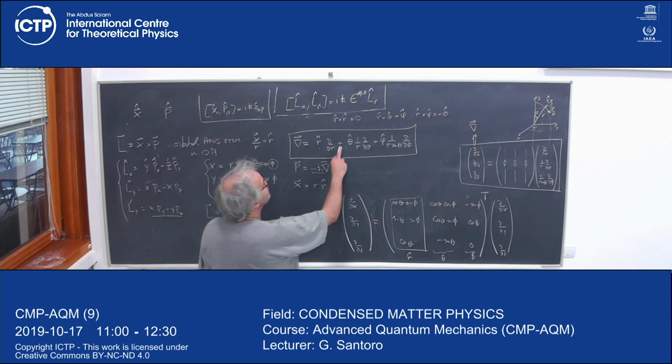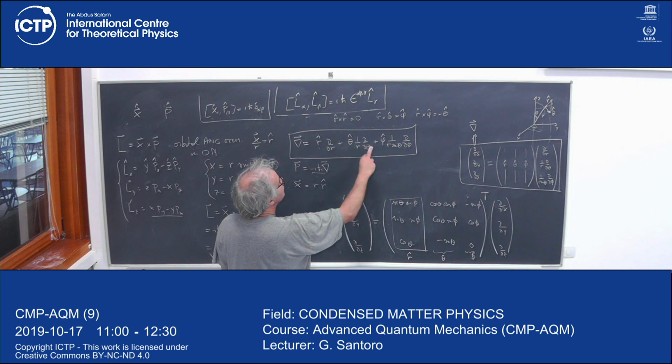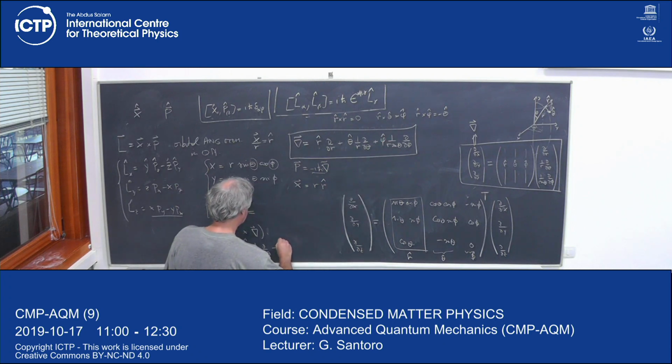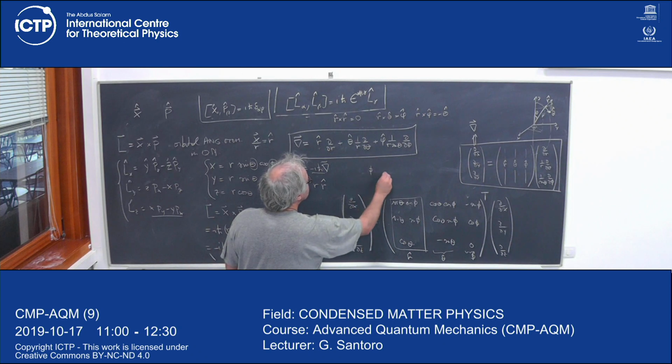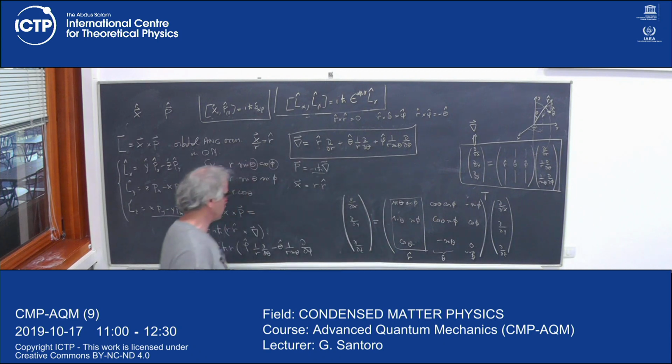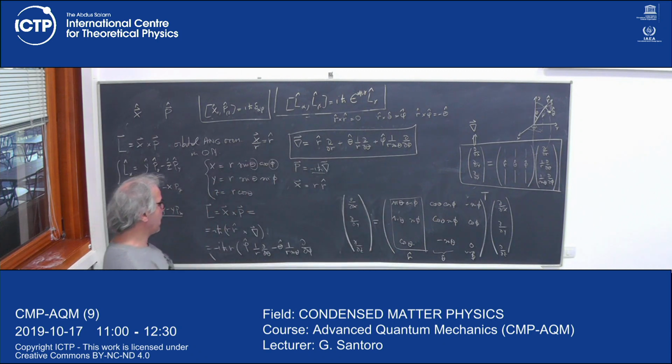And the next one is R dot vector phi, which is minus theta. And then I have 1 over R sine theta. And then I have derivative with respect to phi. I write phi sometimes like this, sometimes like this. Okay? It's the same. Sorry for that. Okay, good. There we are. That's the end of the thing.